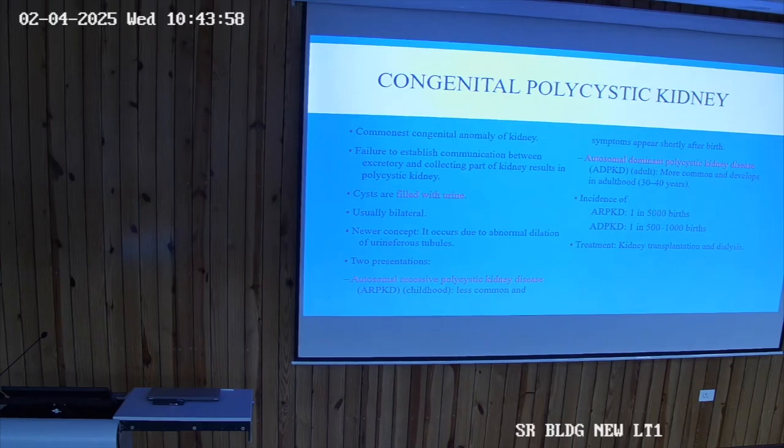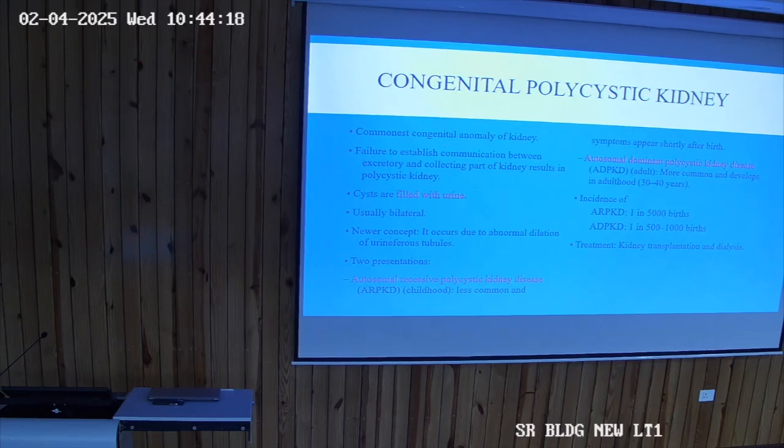Then in autosomal dominant, it is common. Signs of renal failure develop until adulthood. Then the cyst location can be anywhere in the nephron, either in the collecting duct or in any part of the nephron. Cysts can form, so there is enlargement of the cysts and large kidneys.